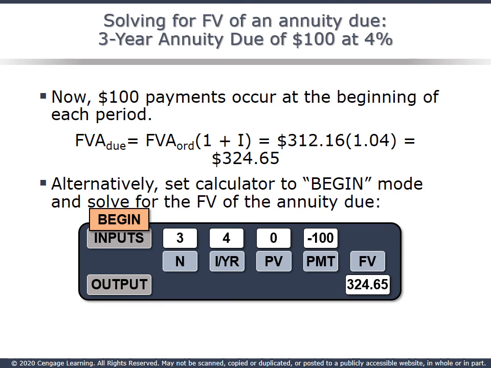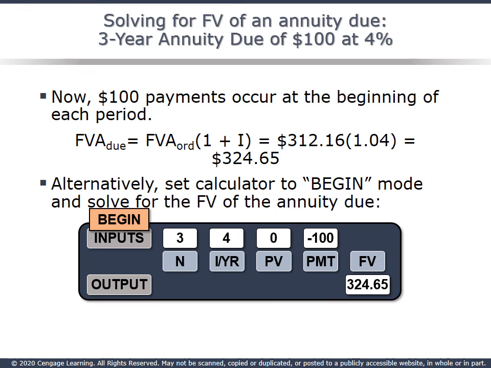Well, what about finding the future value of an annuity due? How do we do that? Well, in this case, going back to the original problem we worked with, $100 over 3 years at 4%.